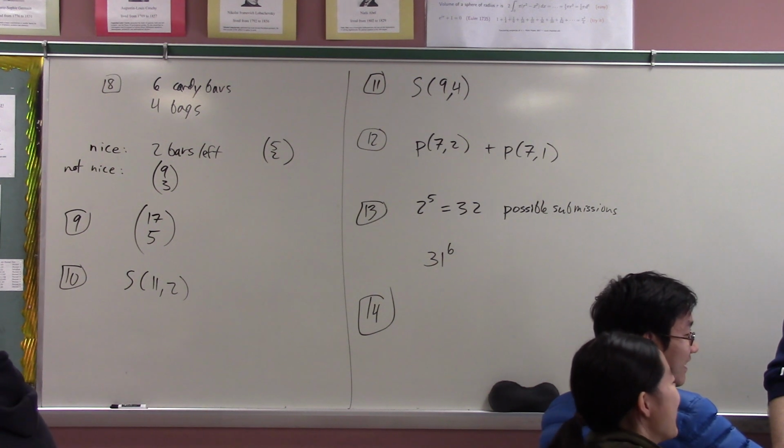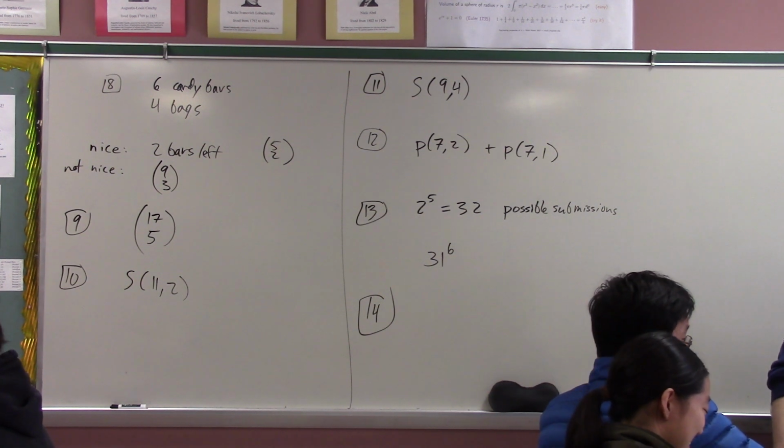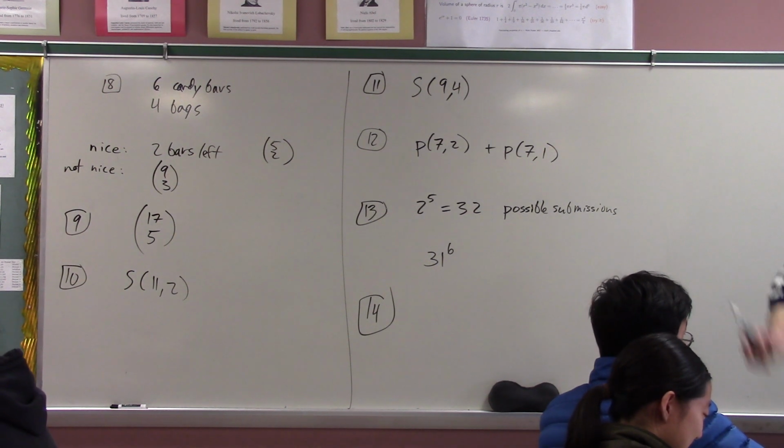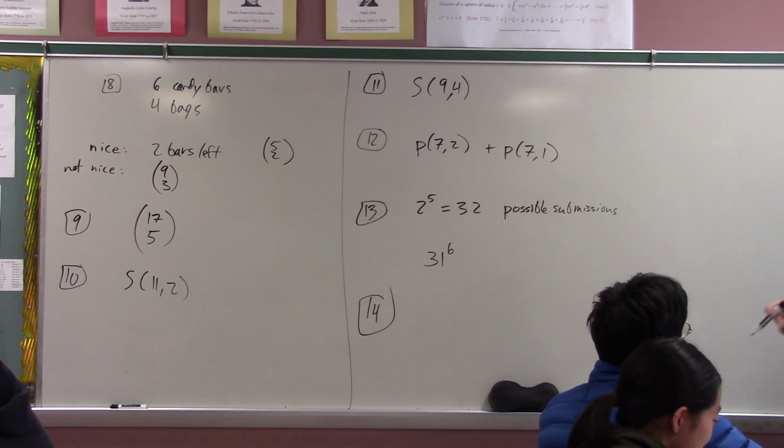So basically, she has 3 laundry bags, and how many ways can we put the laundry into the 3 bags?